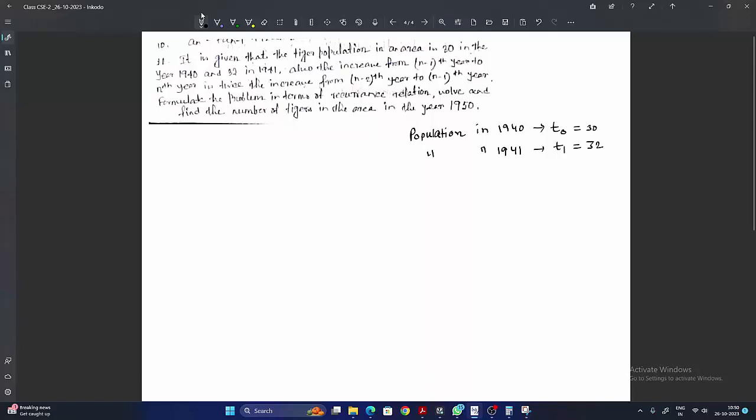What is the relation? The increase from the n minus 1th year to the nth year, that means Tn minus T of n minus 1, is twice the increase from the n minus 2th year to the n minus 1th year, so T of n minus 1 minus T of n minus 2. That is the relation.